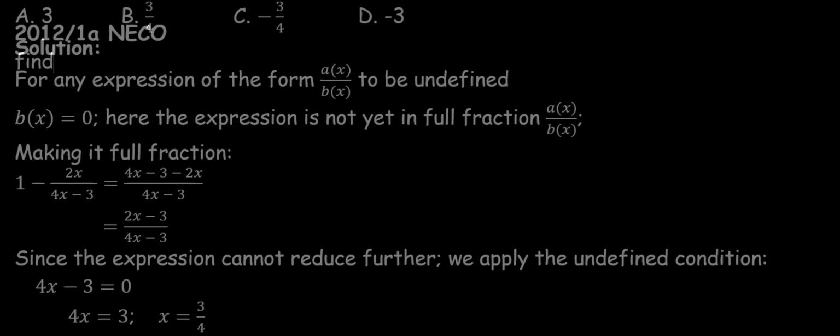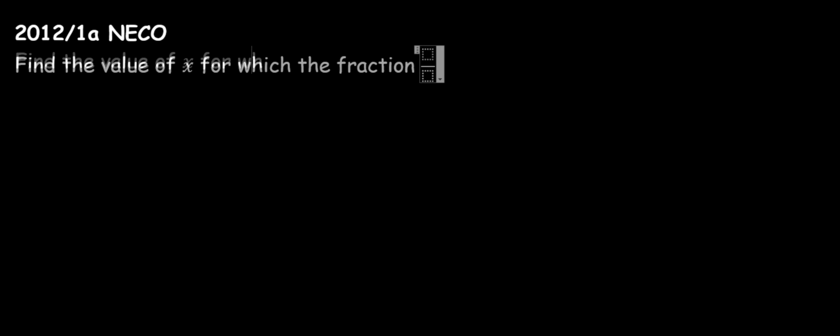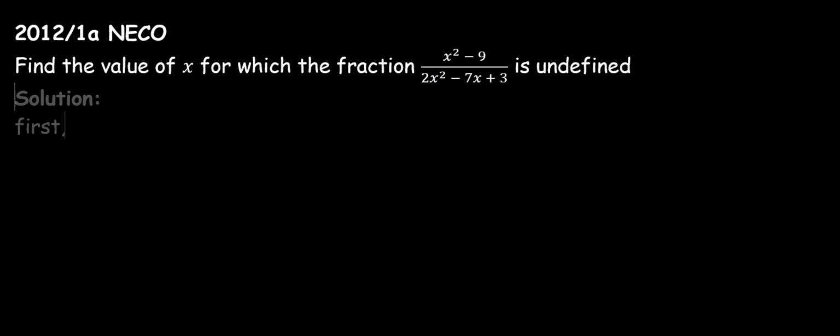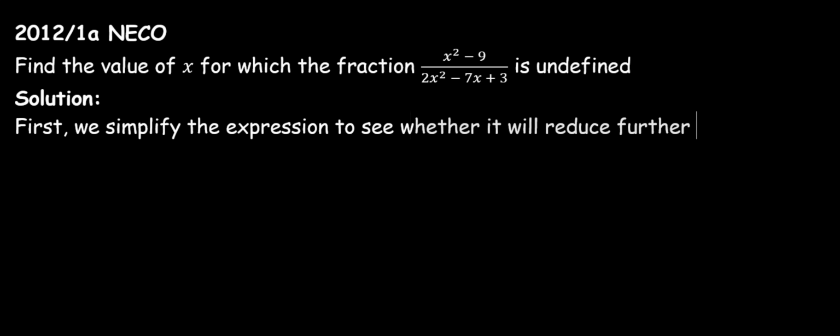Another example. Find the value of x for which the fraction x squared minus 9 at the numerator divided by 2x squared minus 7x plus 3 is undefined. Solution. First, we simplify the expression to see whether it will reduce further. Thus, x squared minus 9 at the numerator divided by 2x squared minus 7x plus 3 at the denominator will be equal to x squared minus 3 squared.